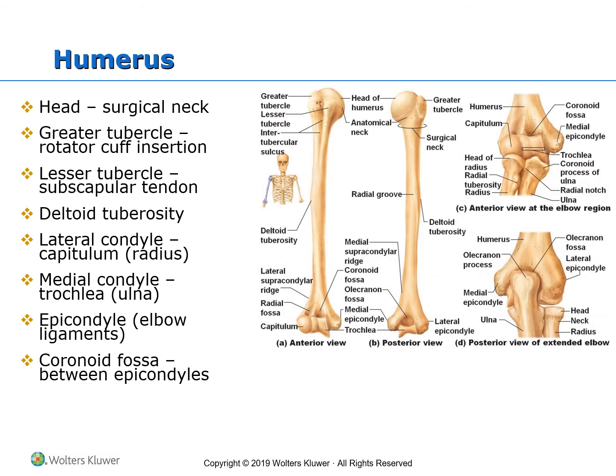When we look at the lower part or the distal epiphysis, we can see that we have a lateral condyle where it will be the connection with the radius, and you can see here both from the posterior view and anterior view, one of them is the lateral condyle for the radius connection, and we'll have a medial one for connection with the ulna, the other bone of the forearm.